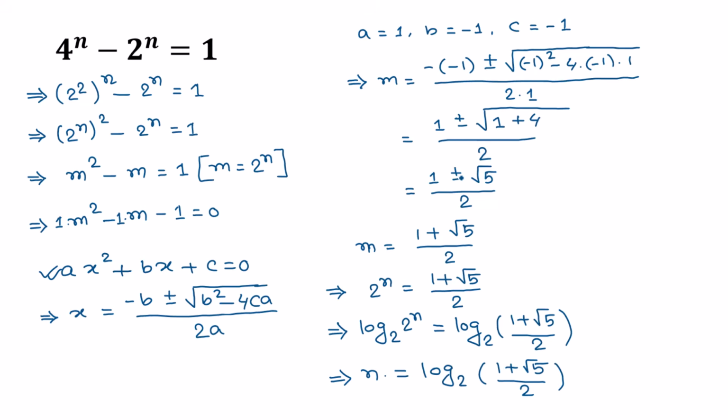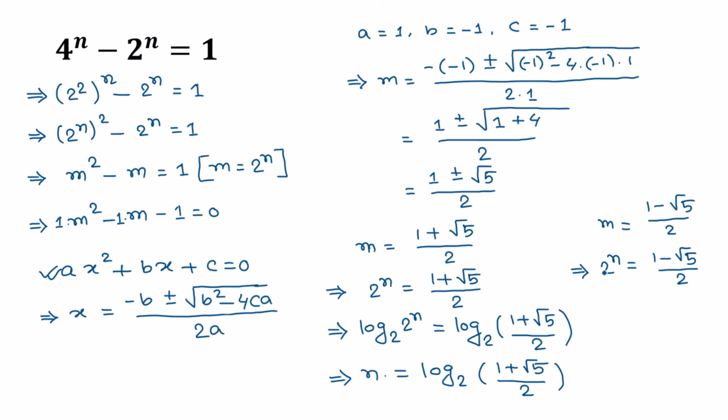And when the term is negative, we can write m is equal to (1 minus the square root of 5) over 2, and taking m is equal to 2 to the power n, we can write 2 to the power n is equal to (1 minus the square root of 5) over 2.